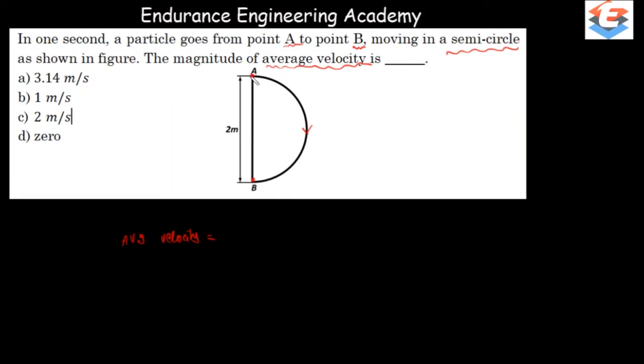For moving from A to B, the total distance covered was this complete perimeter, but displacement will be just 2 meters, because 2 meters is the shortest distance. Displacement by total time taken, clearly given as 1 second. So 2 meters per second will be our correct answer, which is option C.